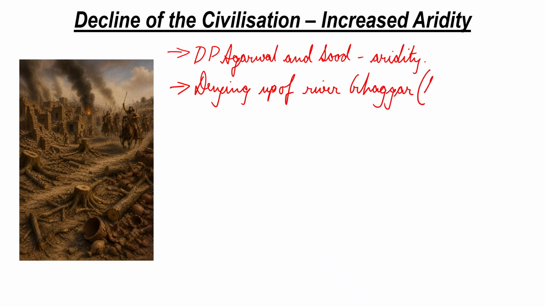This is the evidence of Saraswati river. So drying up of river Ghaggar led to the decline.